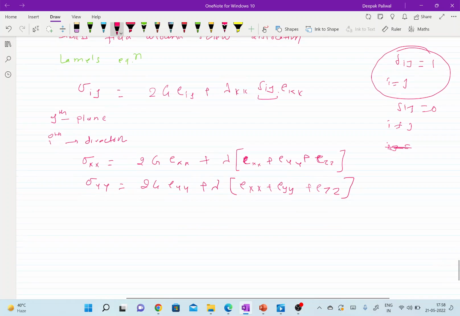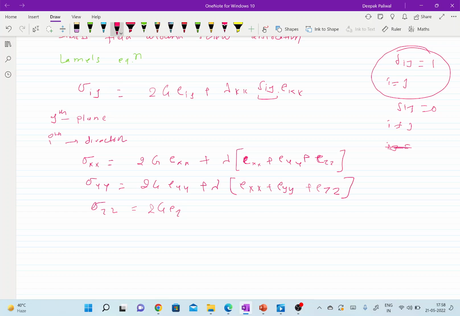Similarly for zz, 2g ezz plus lambda times exx plus eyy plus ezz. For the shear components like xy, it is 2g exy, and the lambda term becomes 0 because delta ij is 0 when i is not equal to j.